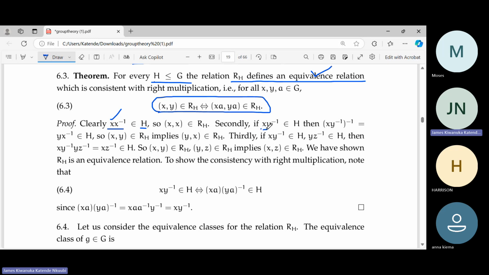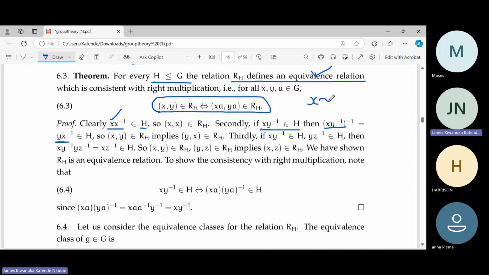The second one: if X is related to Y, it means XY inverse is in H. But then what does that mean? H is a subgroup, so the inverse of the whole of this product must be in H as well. So here we compute the inverse of that, and we end up with this. But this now means Y is related to X, because remember how we defined the relation?